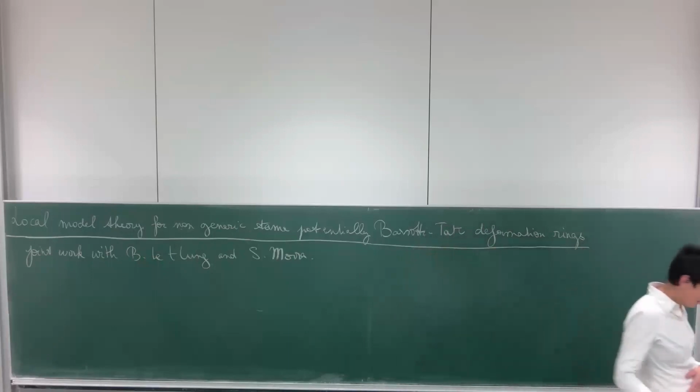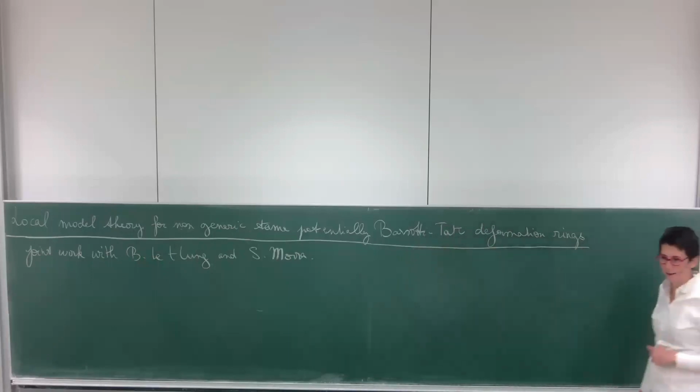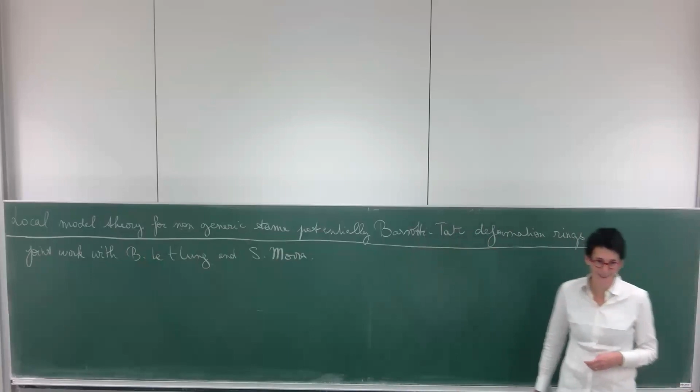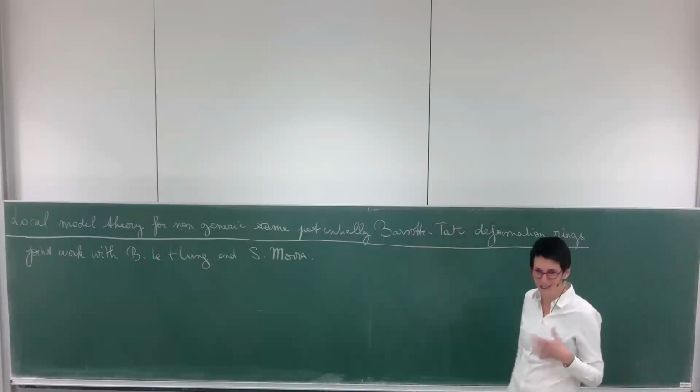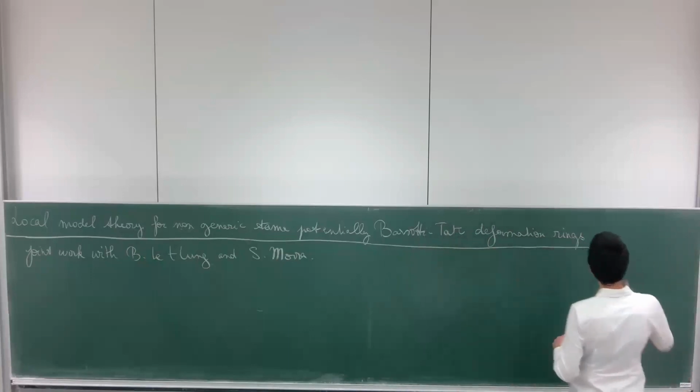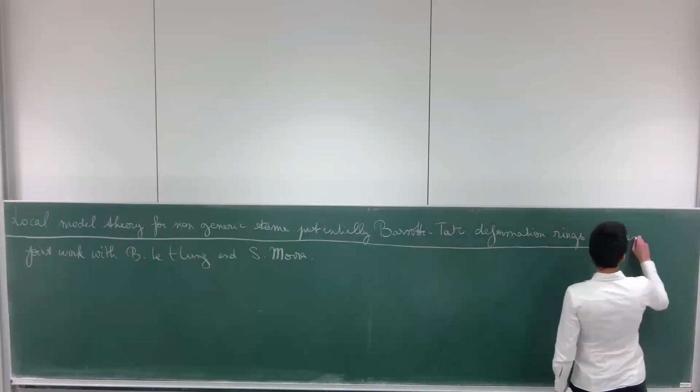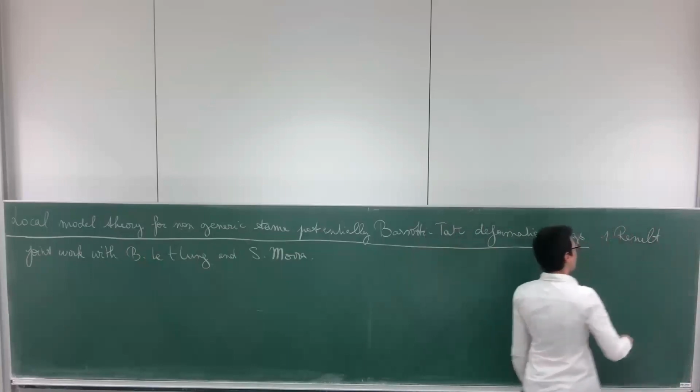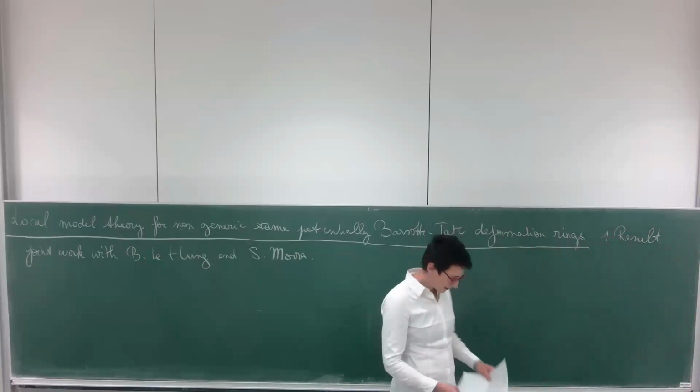Since it's a 2-hour talk, I could not make it in 3 parts, so it will be a 4-part talk. So I can adapt a little bit. In the first part, I will try to introduce the object and explain the main result.